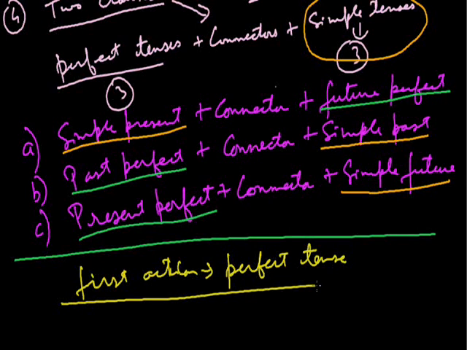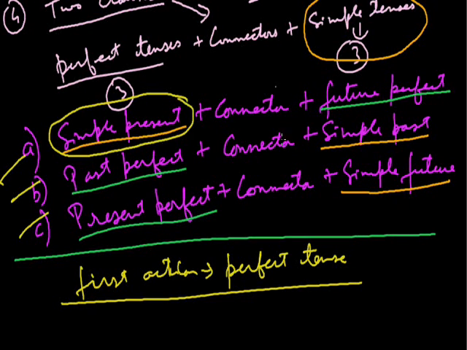In all the three structures which we mentioned, there are two actions, and we always know that the clause having a perfect tense will be the clause which shows that this action has happened earlier than the other. So these will be the structures for different sentences.